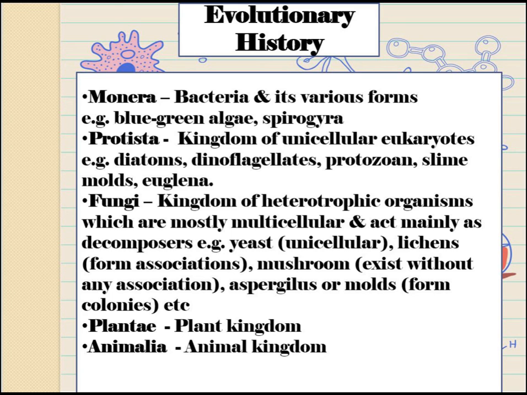Those are the unicellular eukaryotes. Then comes the Fungi, the kingdom of heterotrophic organisms. We still have the fungi, like yeast and all, lichens and mushrooms and everything. And then comes the plant kingdom, the Plantae, and then the animal kingdom, of us. So this is the evolutionary history of the living organisms.